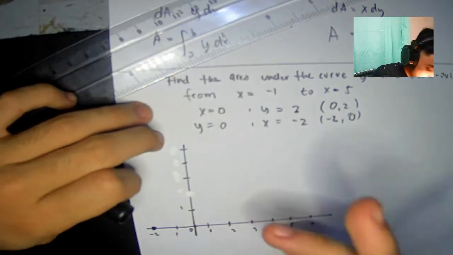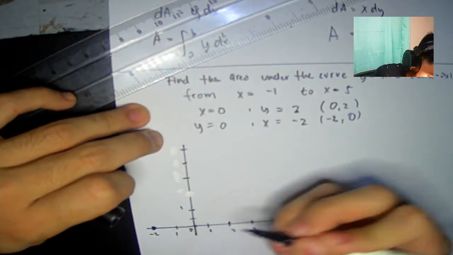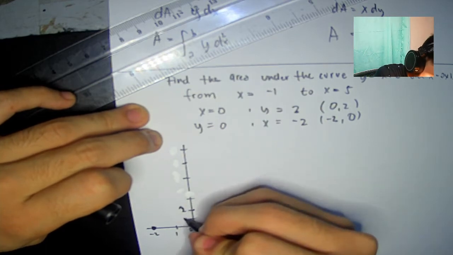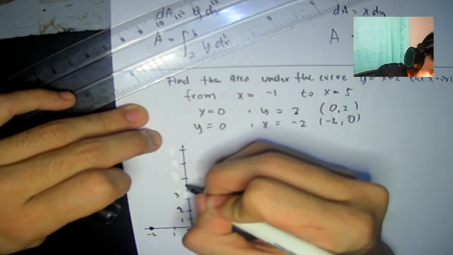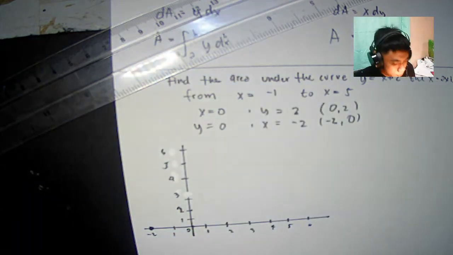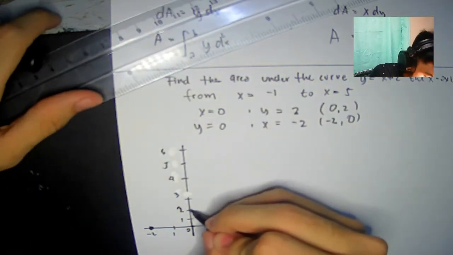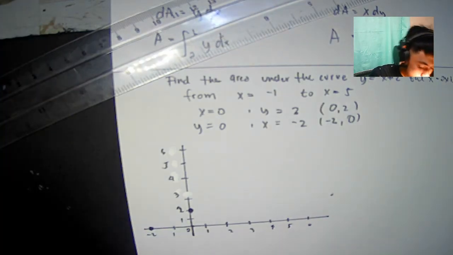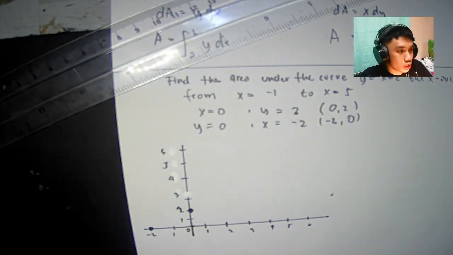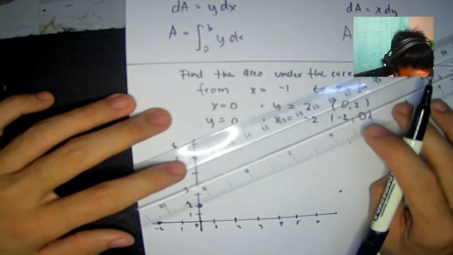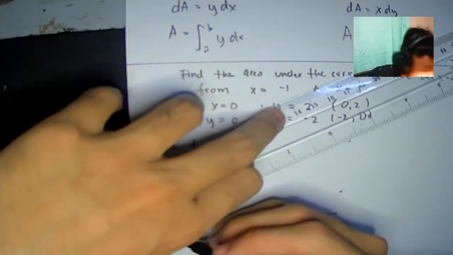Let's just put 1, 2, 3, and put 2 here, and 3, 4, 5, and 6. Okay, let's put the +2 right there, so it will be easy for us to plot. Sorry for the little inconvenience, but let's start to plot the curve.